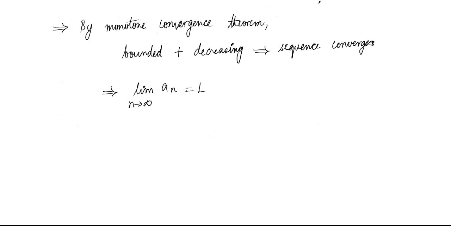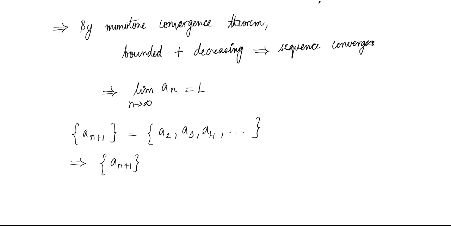Let's see what happens with a_(n+1). If it's a_(n+1), we start at 2. This means that if you took the sequence a_(n+1), that sequence omits the first term from a_n.